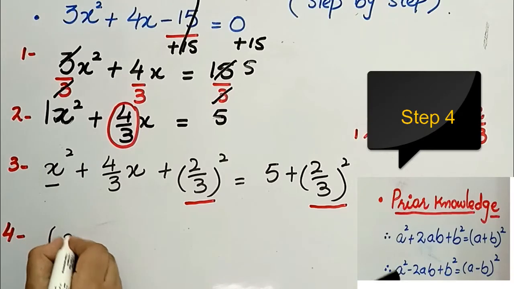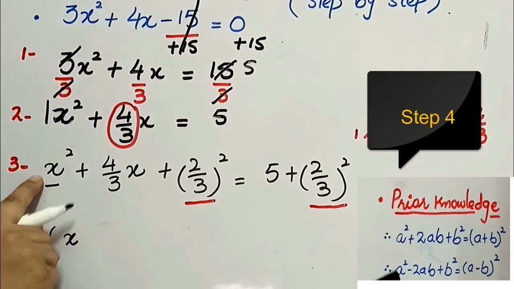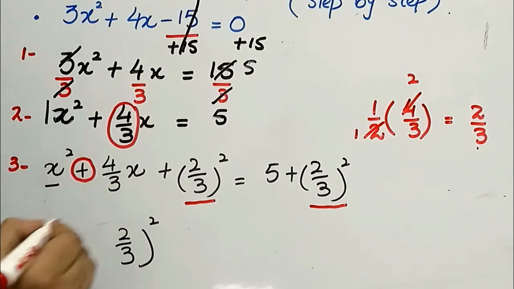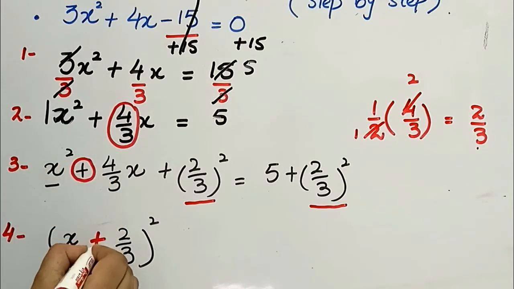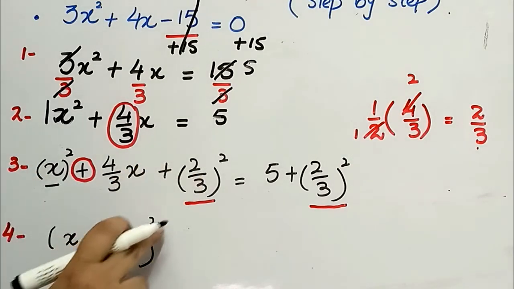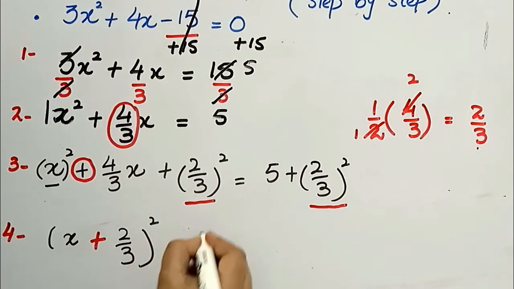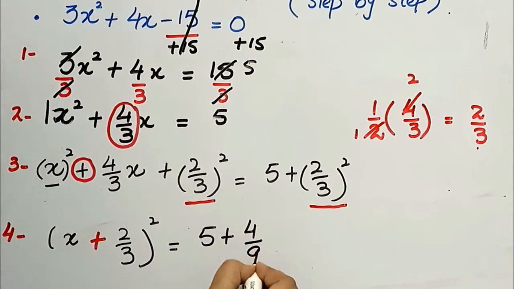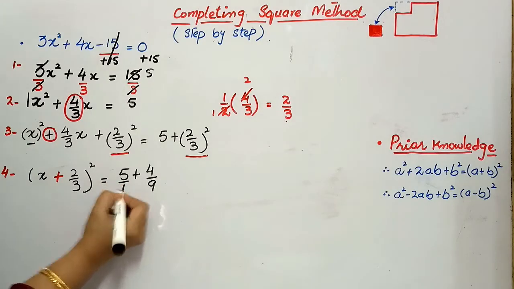In the fourth step, we can write it down as x plus 2 by 3 whole square. That sign comes over there as well. X plus 2 by 3 whole square is equal to 5 plus 4 upon 9. This would be 5 by 1.